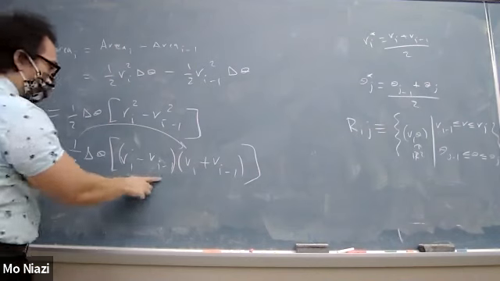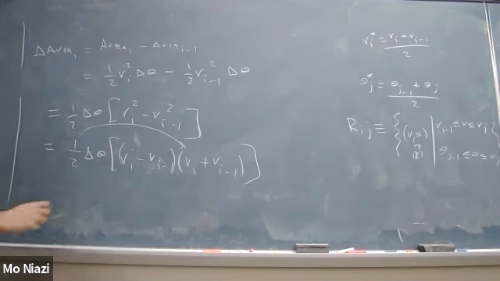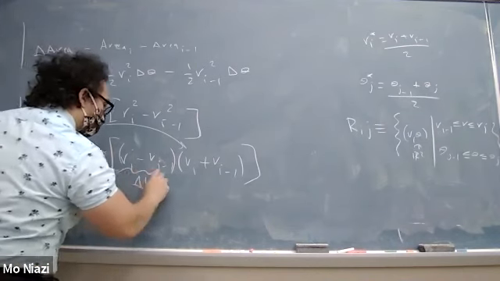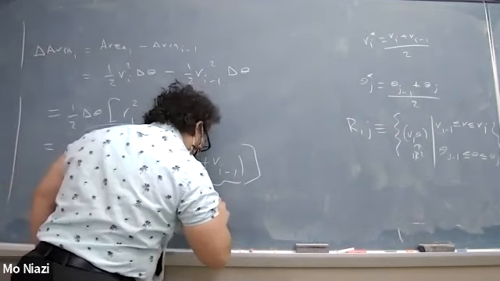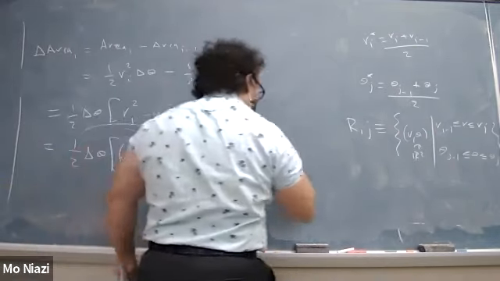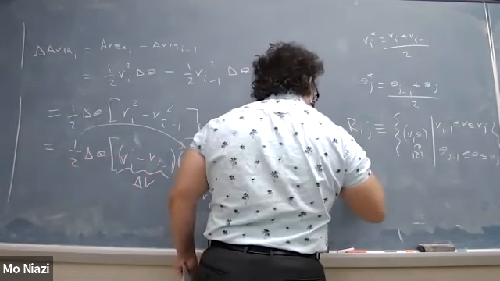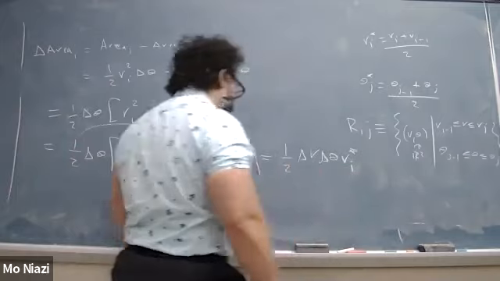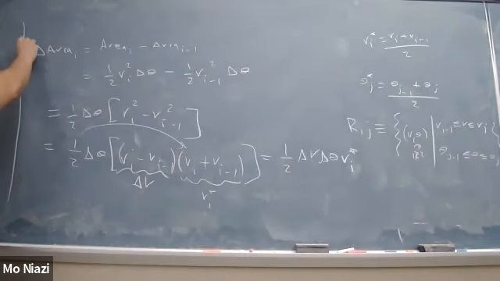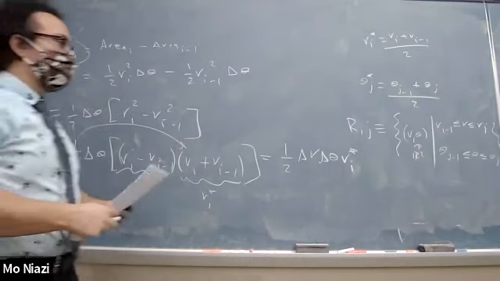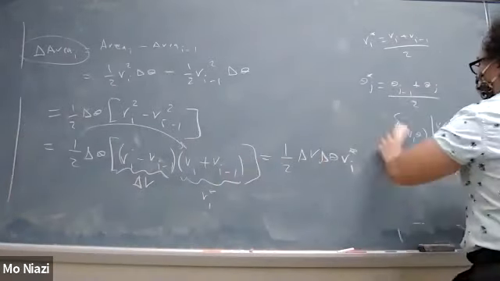And when you think about this, you get that that's just delta R. So this is 1/2 delta R, delta theta, Ri star. And that's just a change in area, which is going to become a differential area when we take the limit as m and n approach infinity.